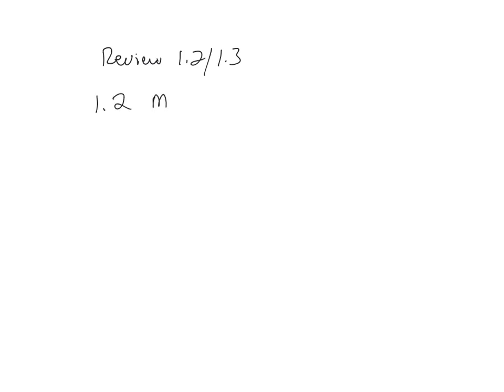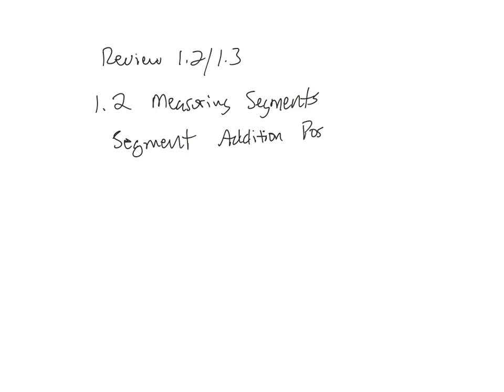But 1.2 was on measuring segments. And the biggest thing we talked about was segment addition postulate, where AB plus BC equals AC.